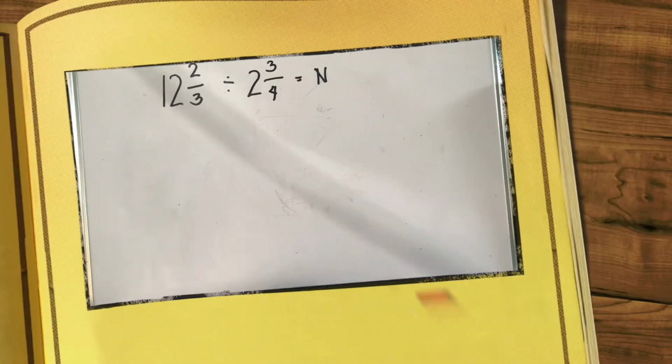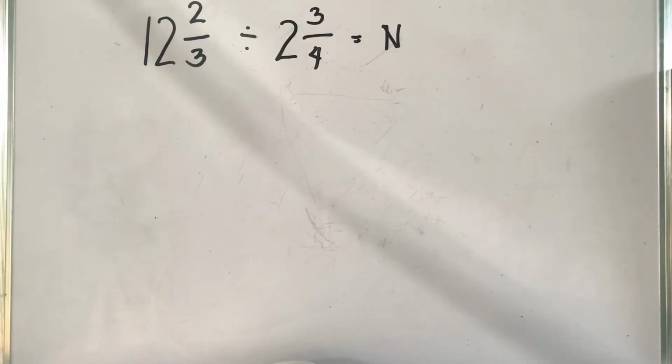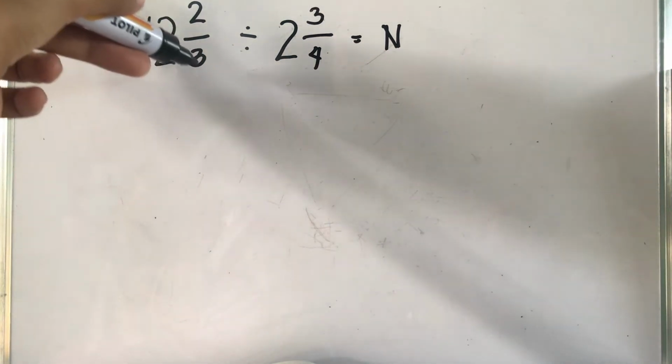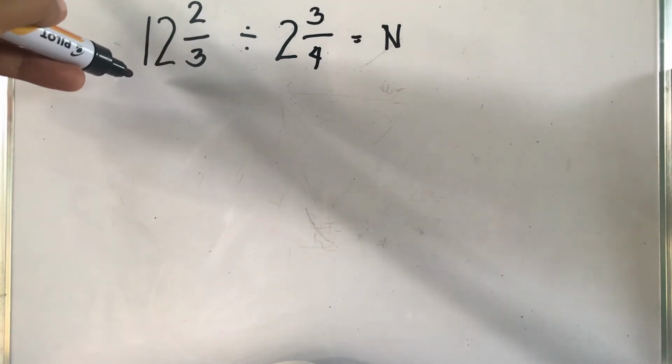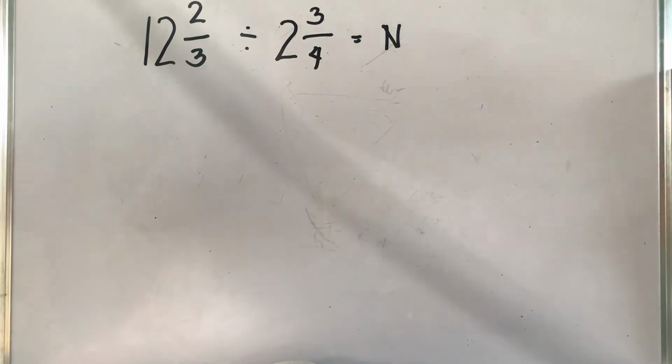Okay, let's have another example using mixed numbers. 12 and 2/3 divided by 2 and 3/4 equals n. First step, as always, when we do mixed numbers, we will change them to improper fractions. 3 times 12 equals 36 plus 2 equals 38.